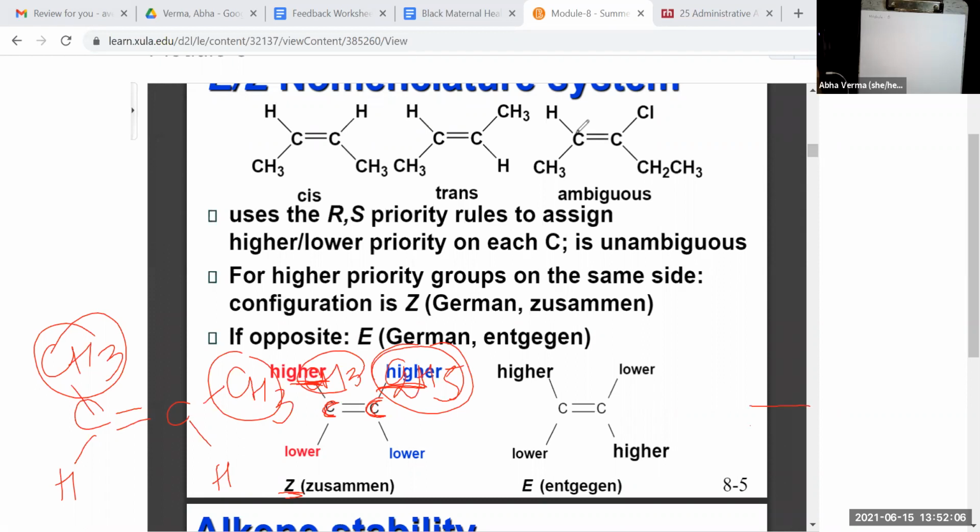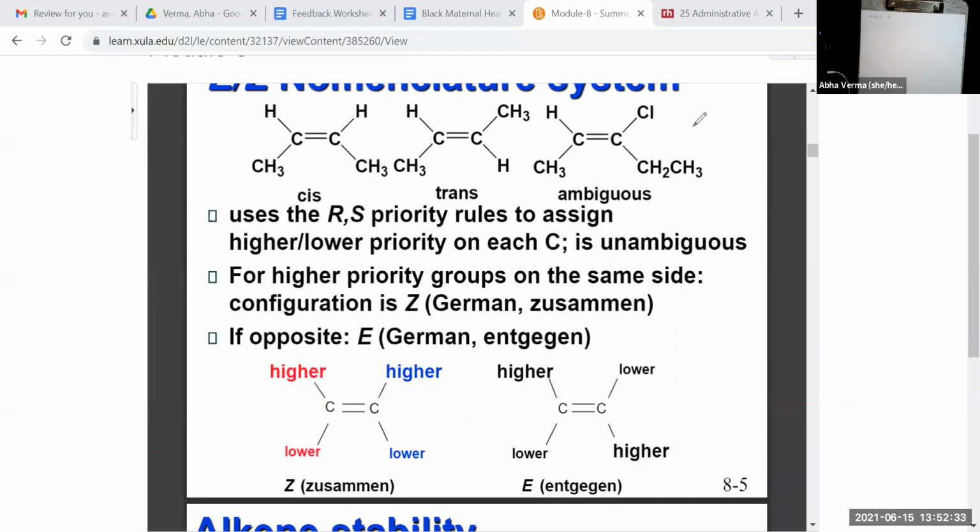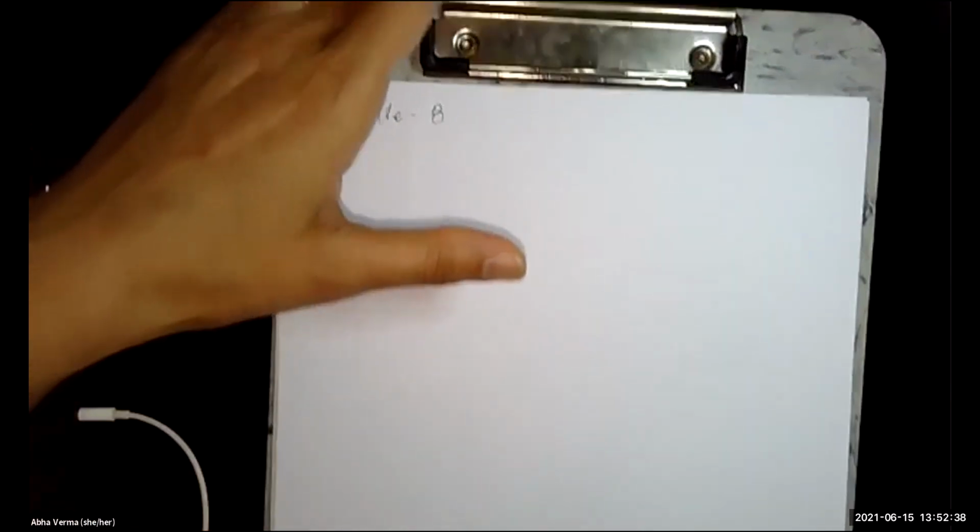Similarly, when you have a trans, your priority groups are exactly the same, but on the opposite sides. When you have an E, your priority groups are on opposite sides and different. Okay, so this is just a reminder of what we had learned in module 4.